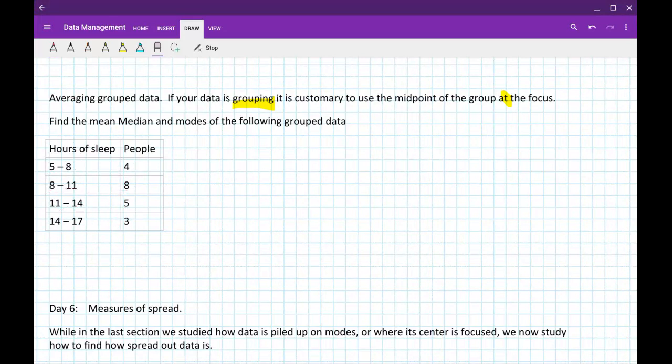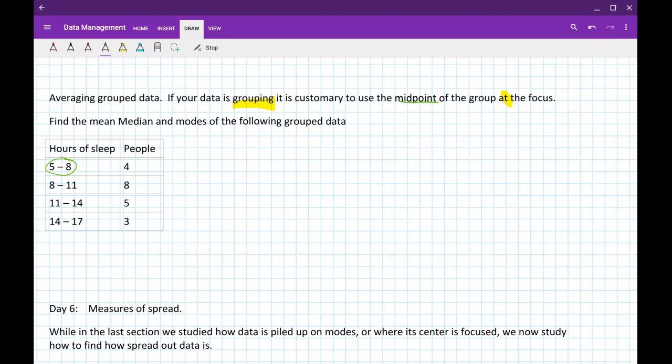Question is, well, how much do those 4 people get? Well, I don't know. Do they get 5 or do they get 8? Well, 5, 6, 7, 8. So there's 3 numbers between these, right? 5 and 8. So I'm going to use the midpoint of that group, and basically say that all 4 of those people get the halfway point between 5 and 8, right?